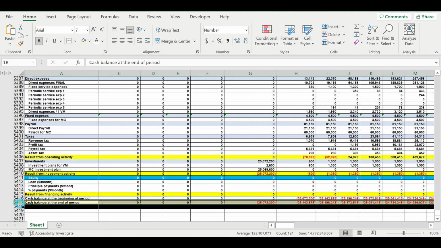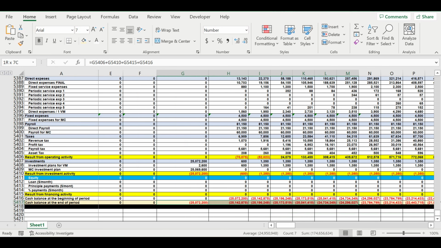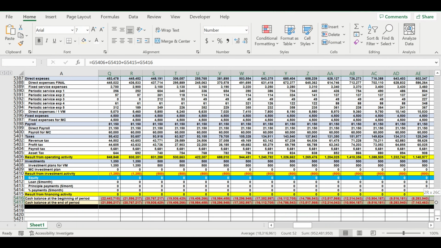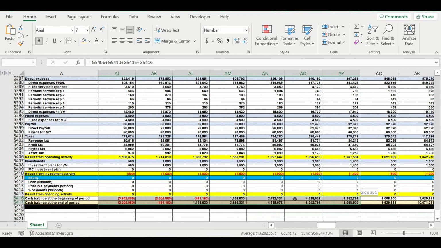We have to look at the cash balance at the end of the period, and it must always be positive. You can't have red negative values at the cash balance at the end of the period. This means that you don't have enough financing for the business.